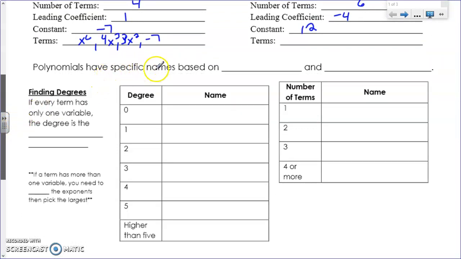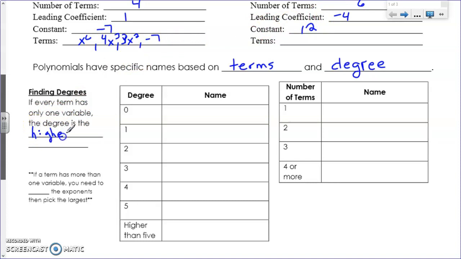Okay, polynomials have specific names based on terms and degree. Okay, if every term has only one variable, so like up here they only have x's, then it is based on the highest exponent.